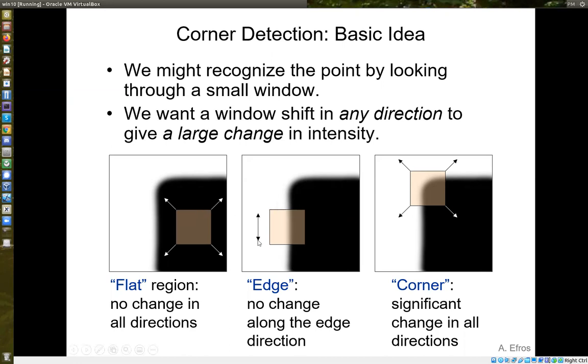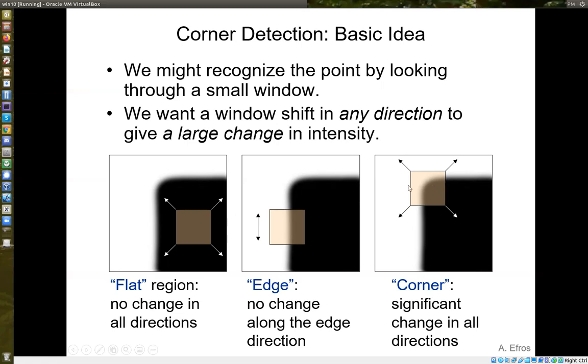But for the edges, if I move around vertically, like in the flat region case, the values inside the window will not change. But if I move along horizontally, then the values will change significantly. On the other hand, if I have a corner, then if I move in whatever direction, I'm going to have changes in the values.